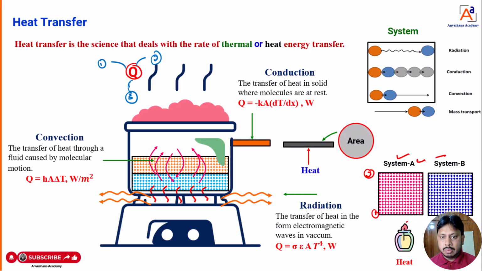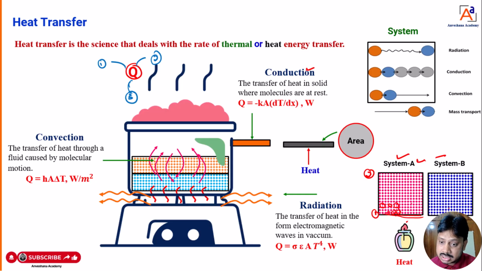Dear students, what is conduction? Conduction means I will heat the bottom of this system A. It's a metal body, a metal system. When you supply heat to the metal body, then what will happen? That metal body is going to absorb the heat from the heat source. Then the atoms or molecules will absorb the heat, and they are going to transfer the heat to the next set of molecules.